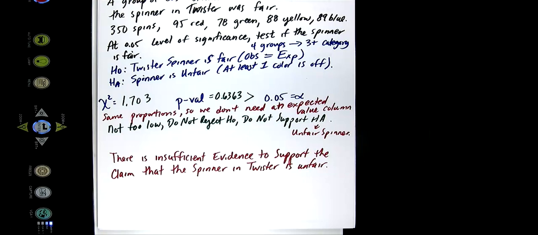In statistics, it's all about finding out the truth: is the situation true, or is there evidence that it might not be true? Very much like in a court of law. Is the person innocent, or is there evidence that they may not be innocent? Innocent till proven guilty. You have to have enough evidence to show that they're guilty.